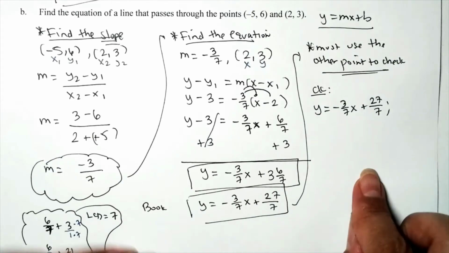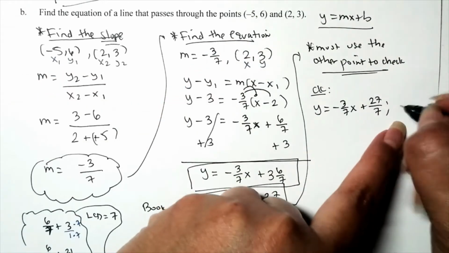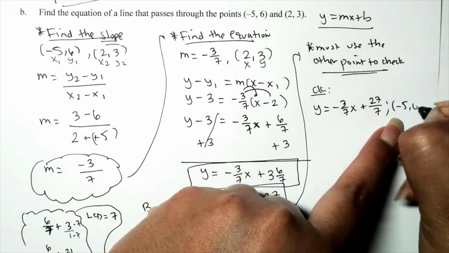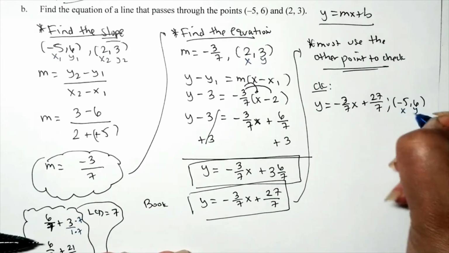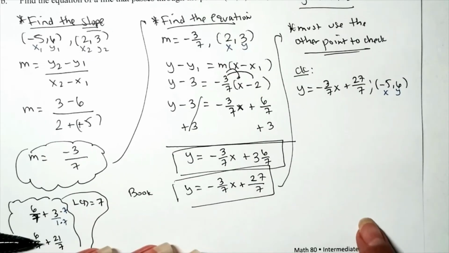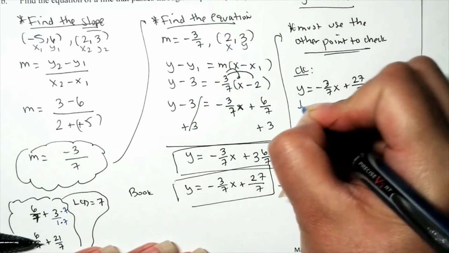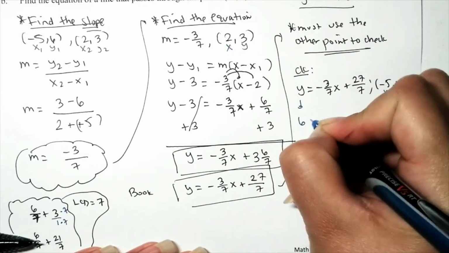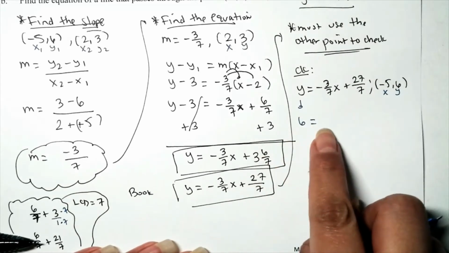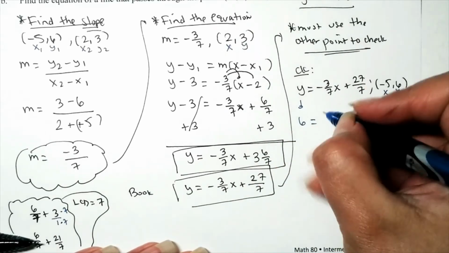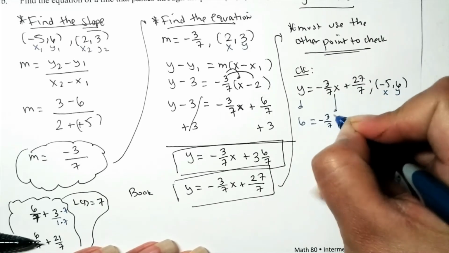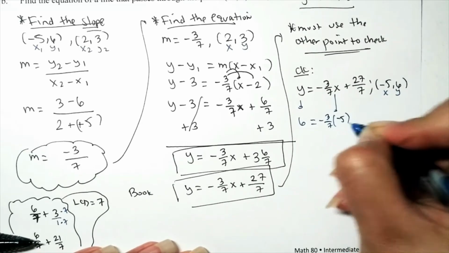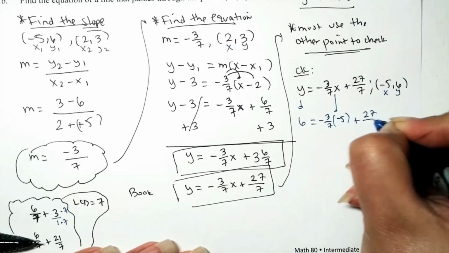And the point that we're going to use, what was it? -5, 6. All right, fantastic. This is our answer, so it needs to be correct, else I'm going to have a situation. The value of y in this case is 6, so I need 6 to equal 6. So we have -3/7 times the value of x, which is -5, plus 27/7.